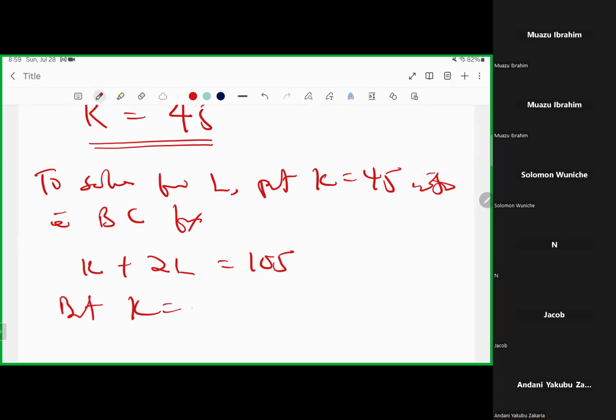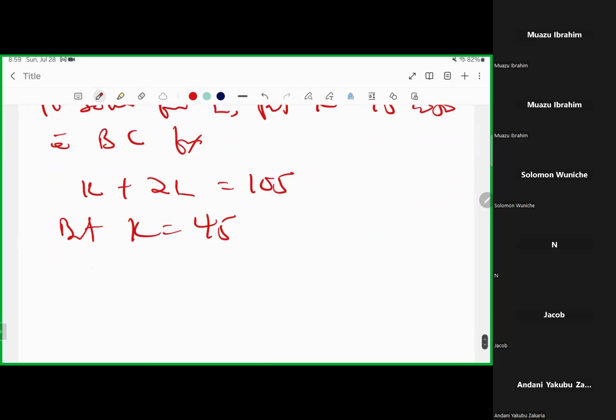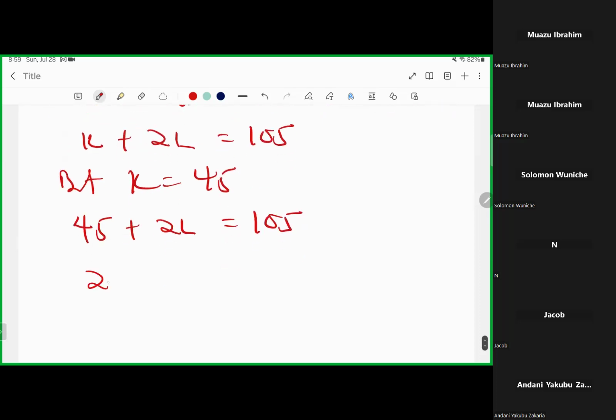But K is 45. So we are going to have 45 plus 2L is equal to 105. So 2L is equal to 105 minus 45. So 105 minus 45, we are going to get 60.